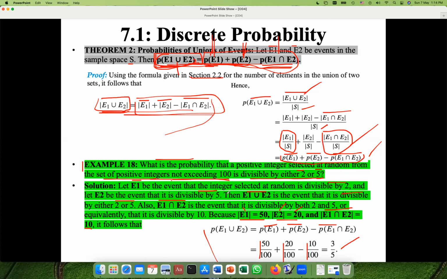So that is the probability for which the question was asked: what is the probability that the number you select would be divisible by either 2 or 5? This is the probability. You have the actual count and then you divide it by the total number of counts.